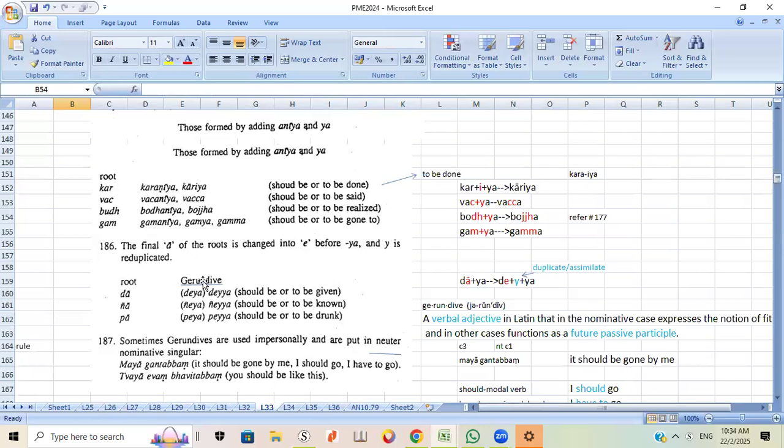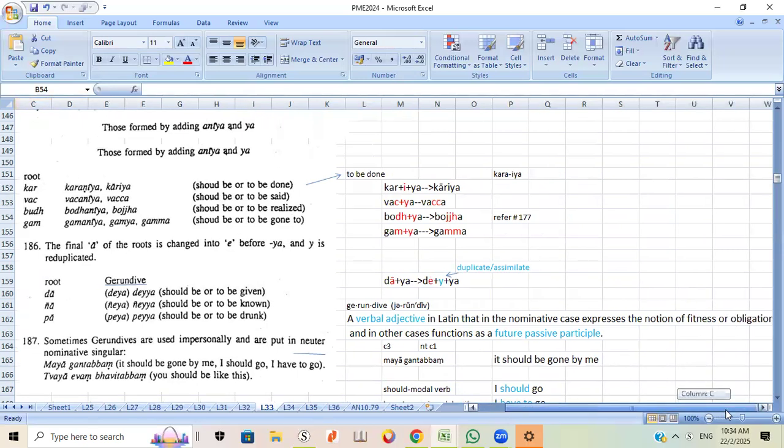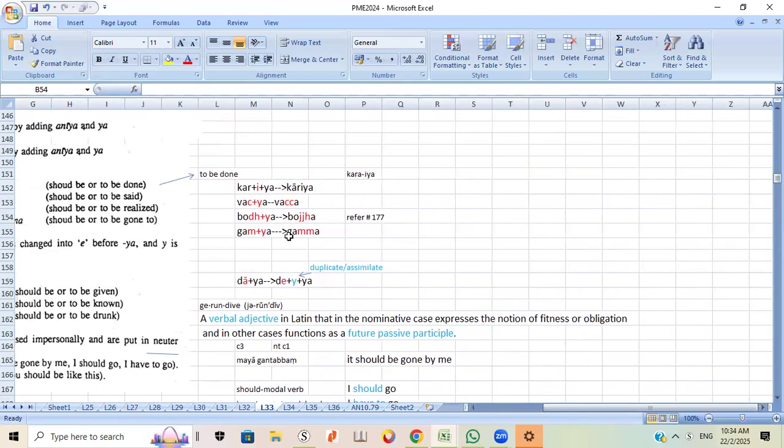So can you see the word here, gerundive? Anyway, I already put the note for you to see what is meant by gerundive. So here, gerundive. This is the pronunciation, because English is not phonetic. So you have to follow gerundive. A gerundive basically is a verbal adjective in Latin, because Pali is also quite similar to Latin.